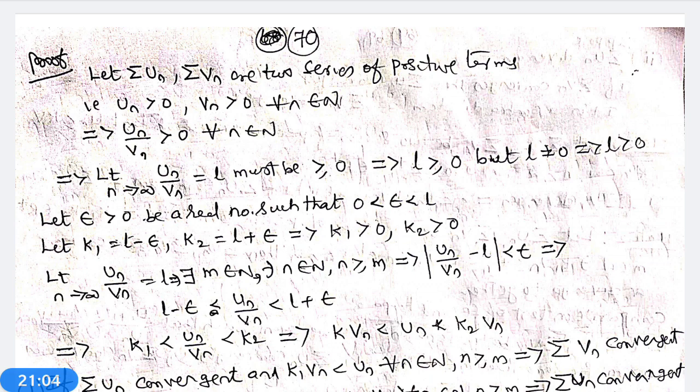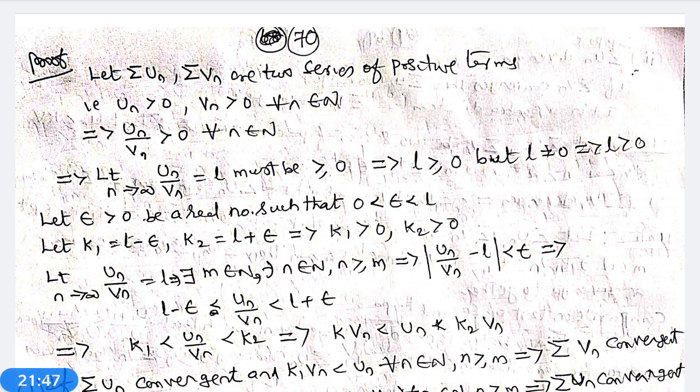We have to prove it. For that, un greater than 0, positive terms, vn greater than 0 implies un by vn also greater than 0. Next, the sequence Sn is the sequence of partial sums of sigma un by vn, where vn is not equal to 0 because vn greater than 0.